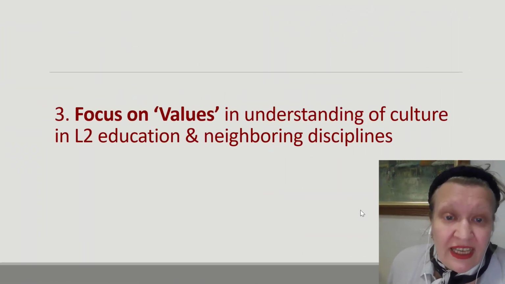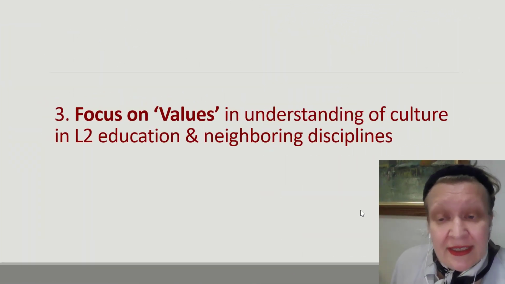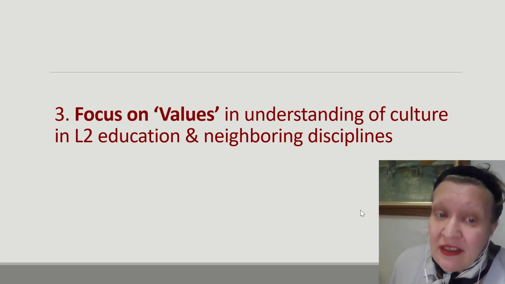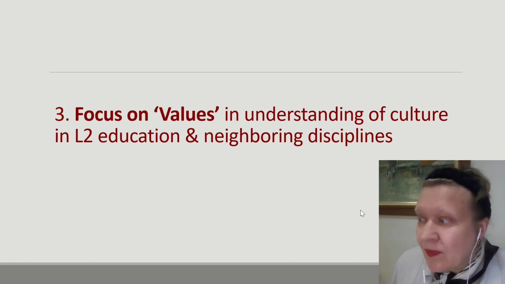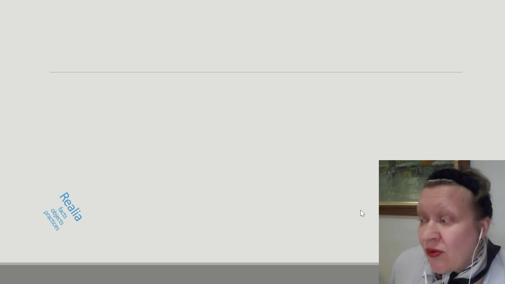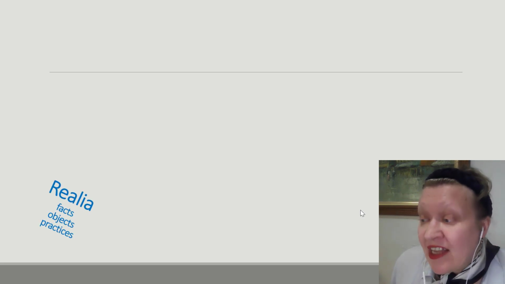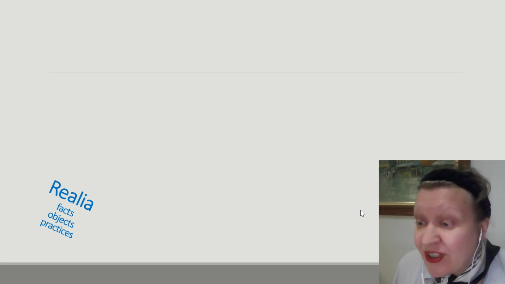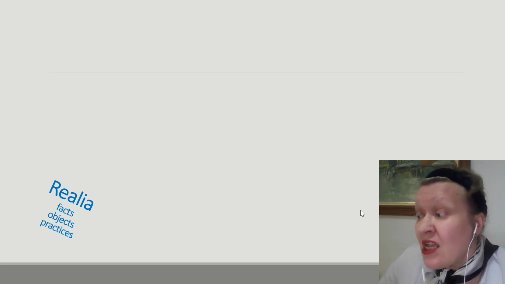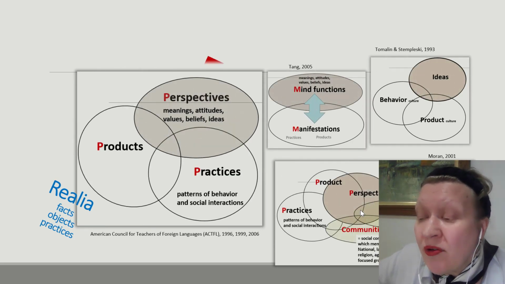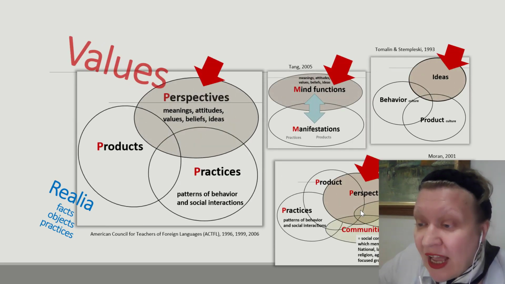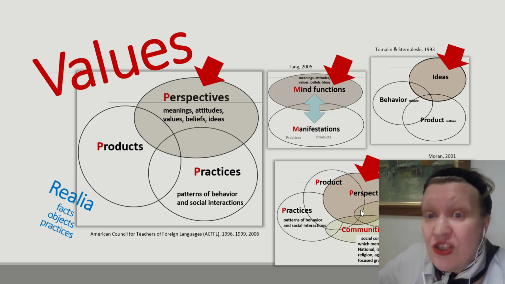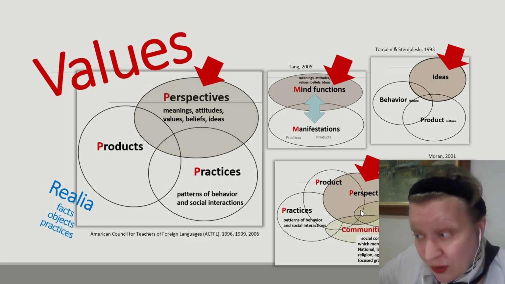Focus on values in understanding of culture in second language education and neighboring disciplines. Although the object-oriented and realia-based approach to teaching culture is still relevant in second language education, we also remember from the previous units that all recent models of cultural aspects emphasize, under different names, values.